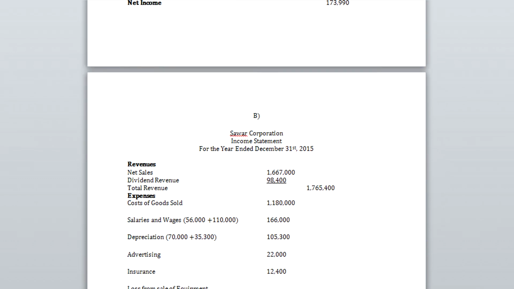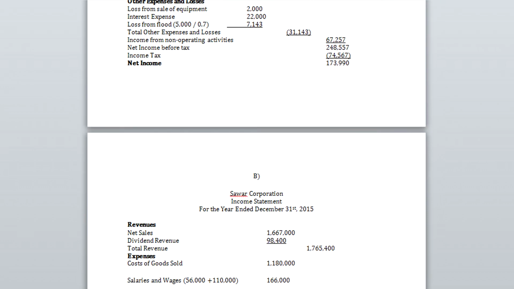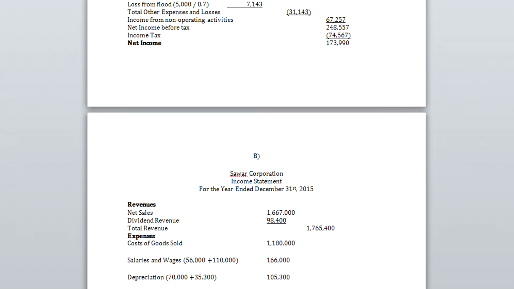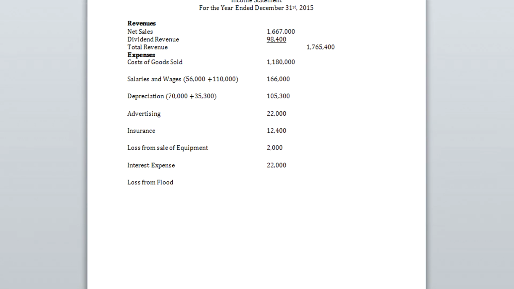Loss from sale of equipment, $2,000. Interest expense, $22,000. Oops. Let me put that in there. $22,000. And loss from flood, $7,143.